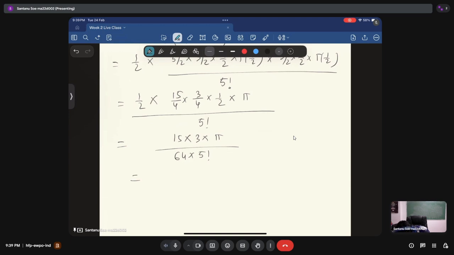So 5 factorial is 5 into 4 into 3 into 2 into 1. So 15 will get cancelled out, and from here we'll get only 2 times 4. So 3 pi divided by 64 into 2 into 4. So this should be 3 pi divided by 512. Okay, and this should be the answer.